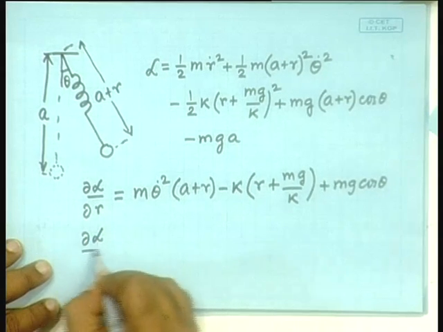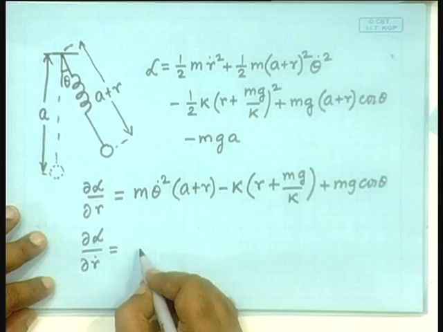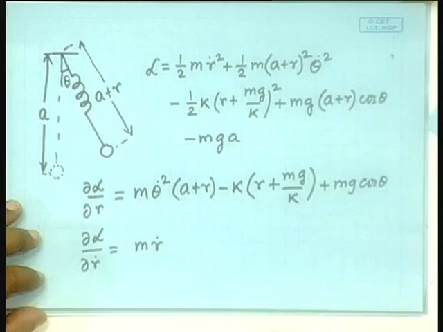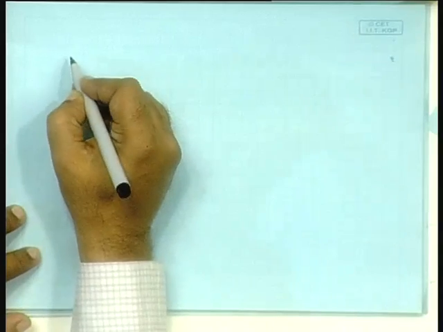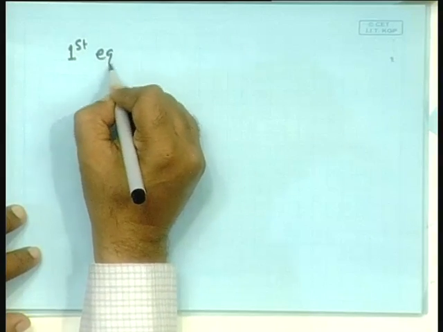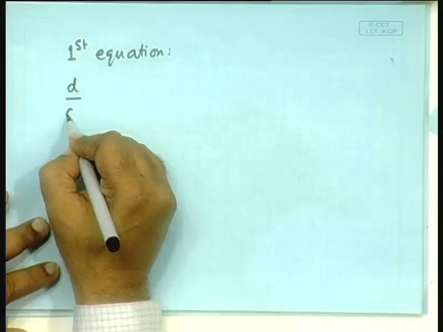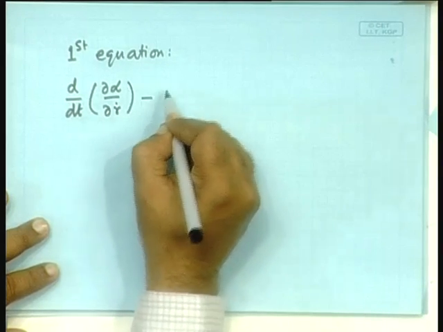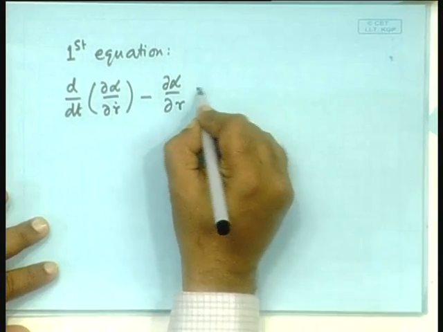Then with respect to r dot, what do you have? This remains. So, m r dot, enough. So, you can see from these two I can write down the first equation, and that would be d dt of dou Lagrangian dou r dot minus dou Lagrangian dou r equal to 0.